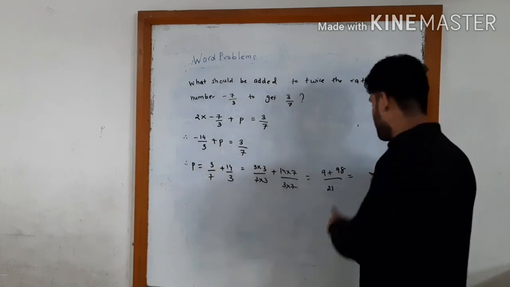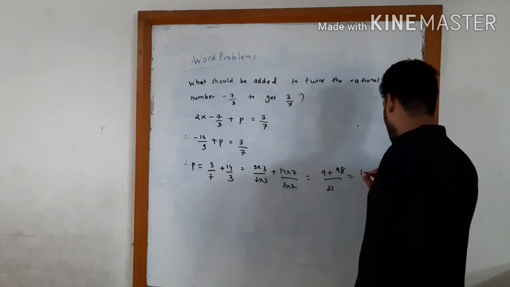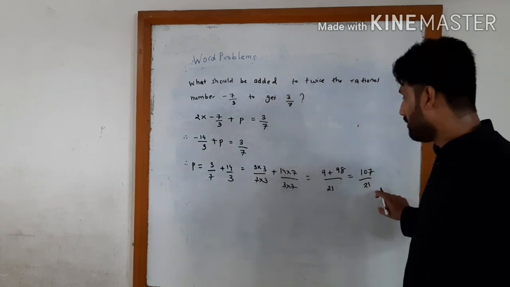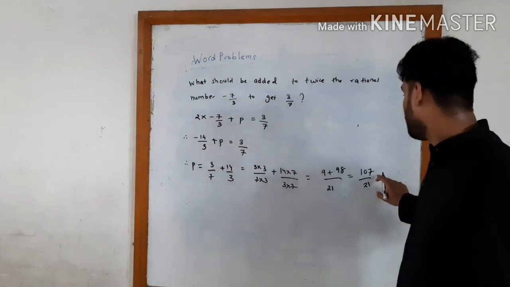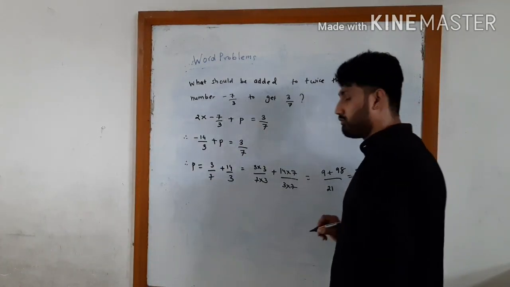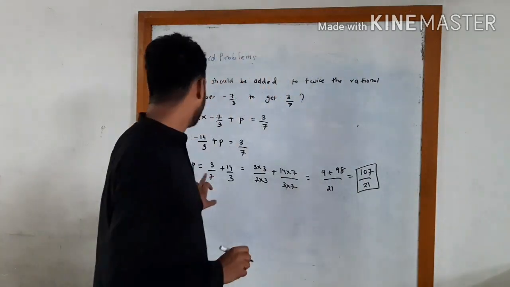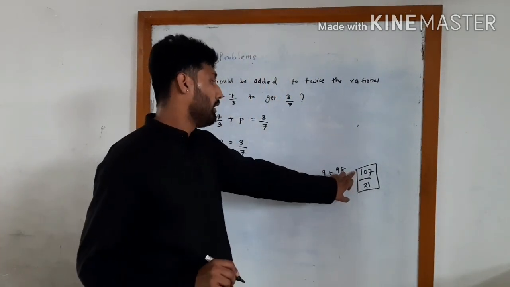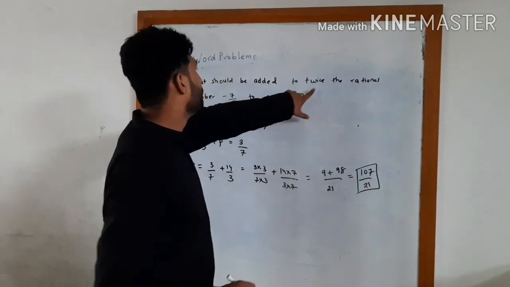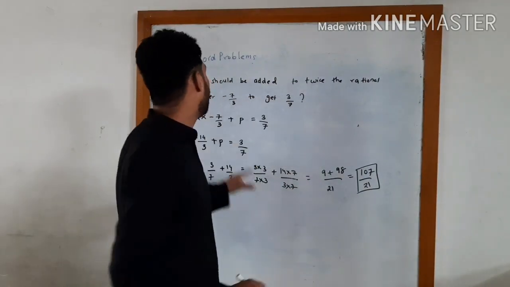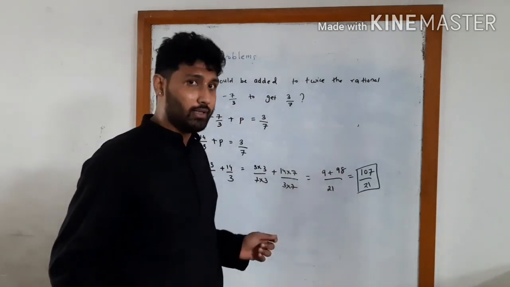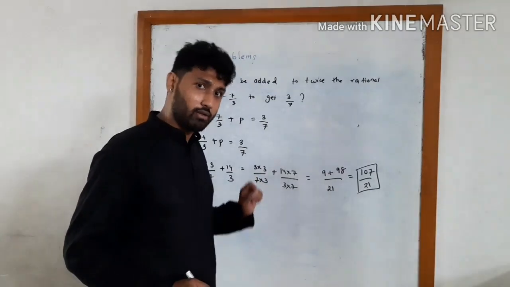So our answer is 107 upon 21. So this is our final answer, 107 upon 21. This is your answer for P. So 107 upon 21 should be added to twice the rational number minus 7 by 3 to get 3 by 7. Let us see if this is our correct answer.